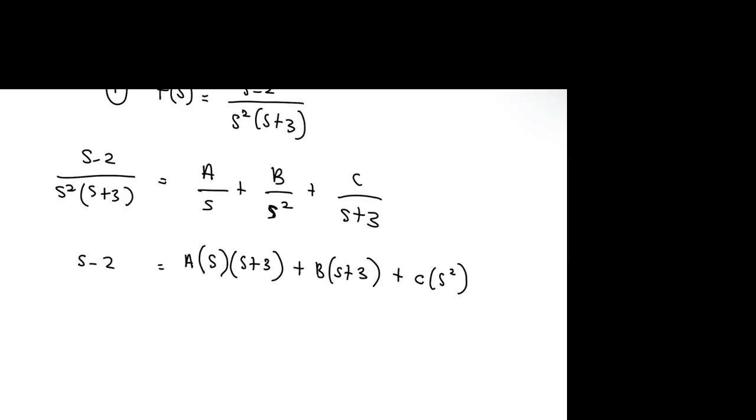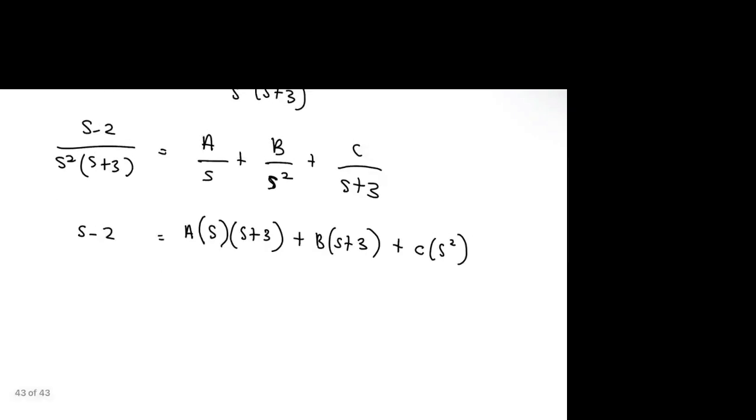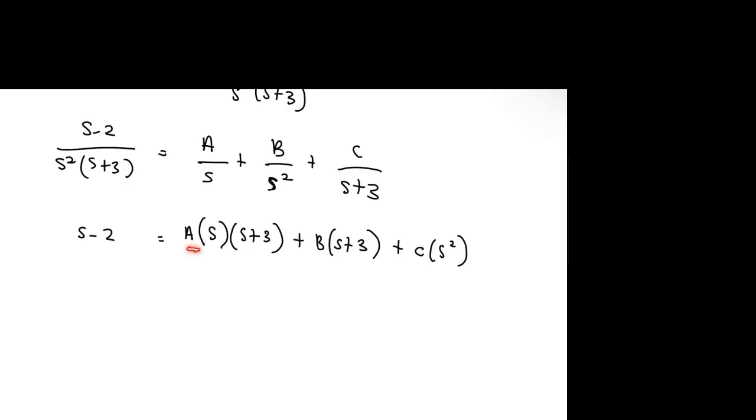Now we want to solve this one. Let's solve for A first. In order to find A, you need to make sure B and C go to 0. But this one goes to 0 when s equals 0, and if s equals 0, this one does not go to 0. So you can choose whatever value you want for s.